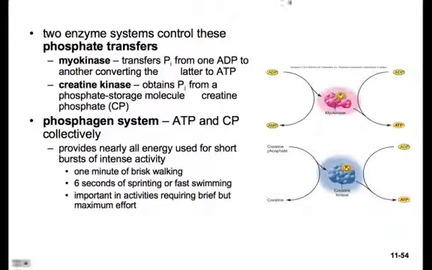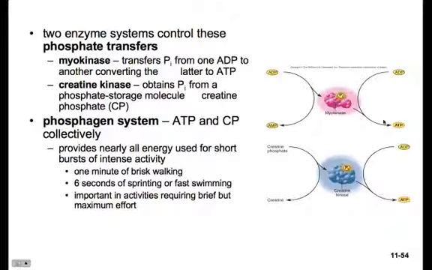Myokinase transfers inorganic phosphates from one ADP to another, converting the latter into ATP. So we make one ADP over here into AMP, adenosine monophosphate, and we transfer that phosphate to an ADP over here, making it into ATP.